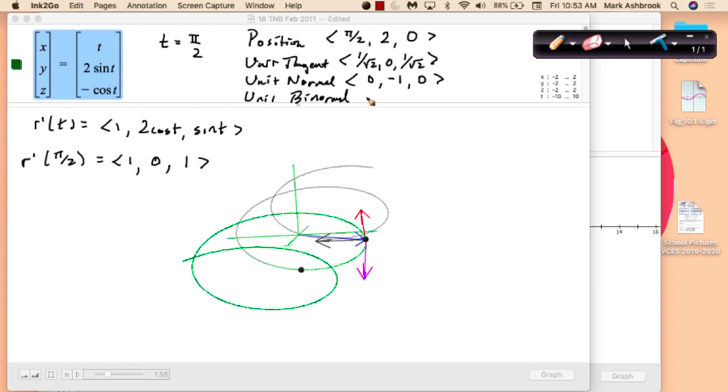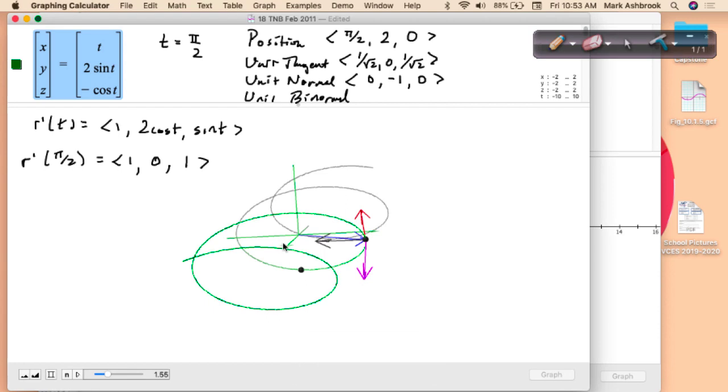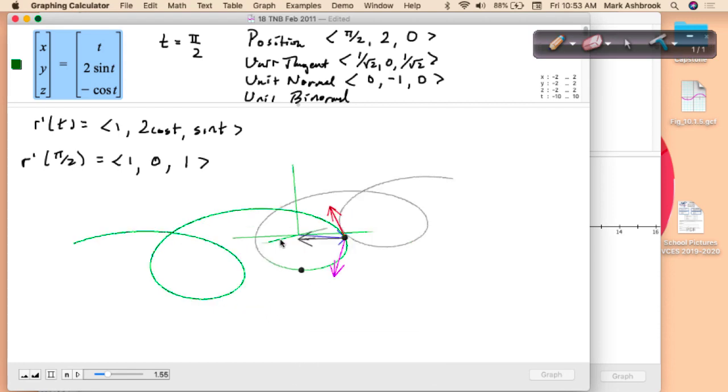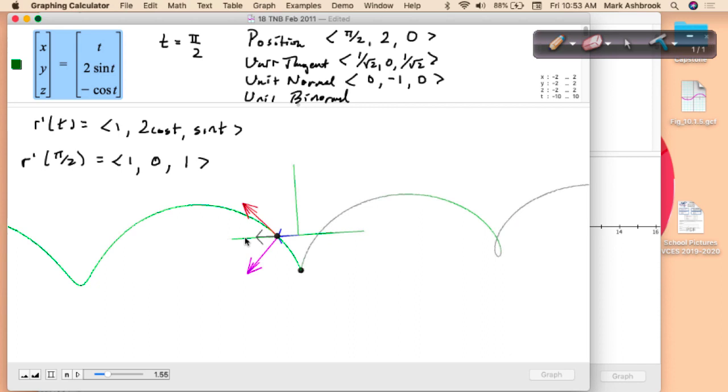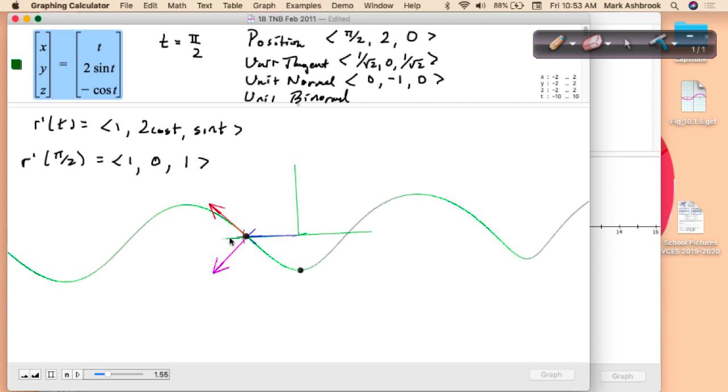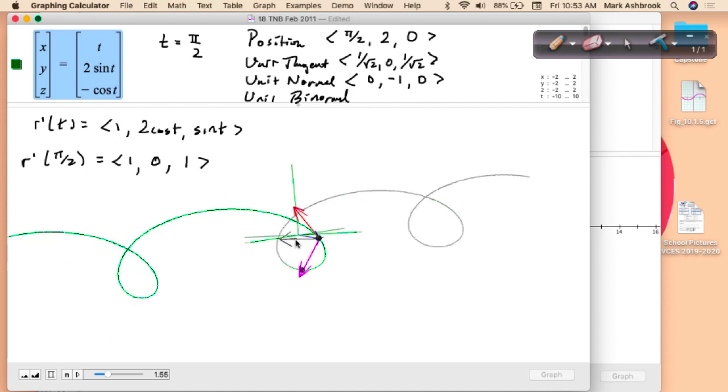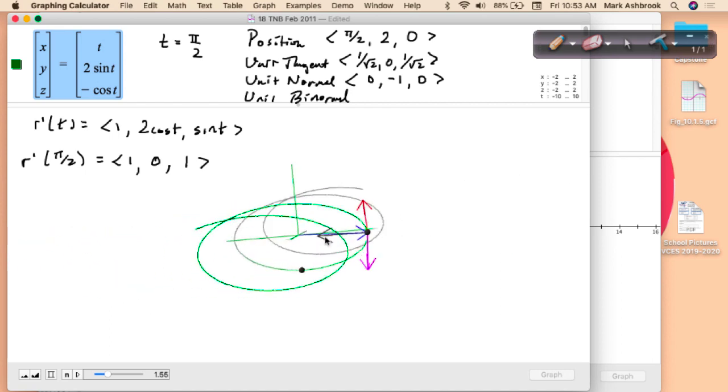Okay, so now what about the unit binormal? You could use the cross product, you could definitely cross product, but again, we could use some intuition here. What about the plane that it's in? What's one thing we can say about the unit binormal?